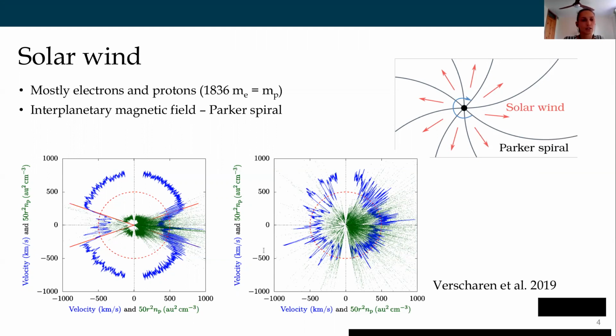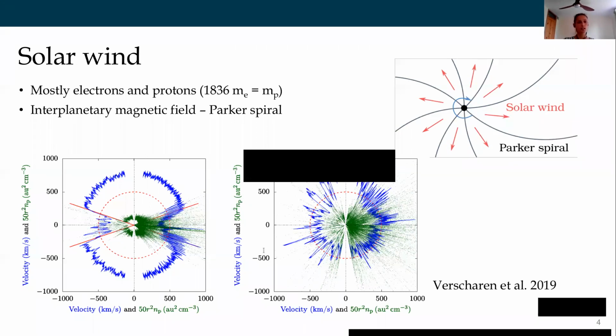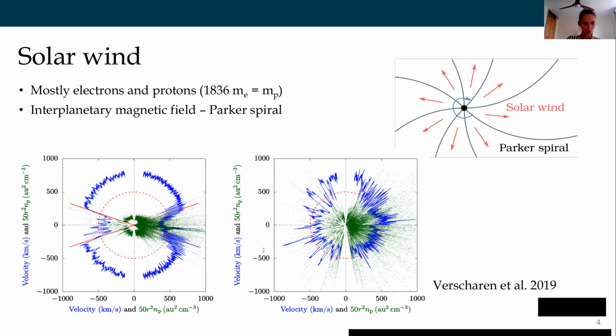Here on the bottom, I show two plots of velocity and density of the solar wind at different regions around the sun. During the solar minimum, the quiet period, we have high-speed solar wind above the poles, and then in the ecliptic plane, we have slow-speed solar wind, which is a bit denser.